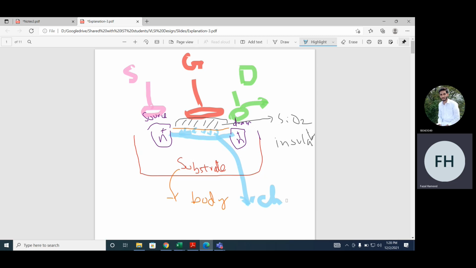So when you apply a positive voltage, a channel will be formed between the source and the drain.